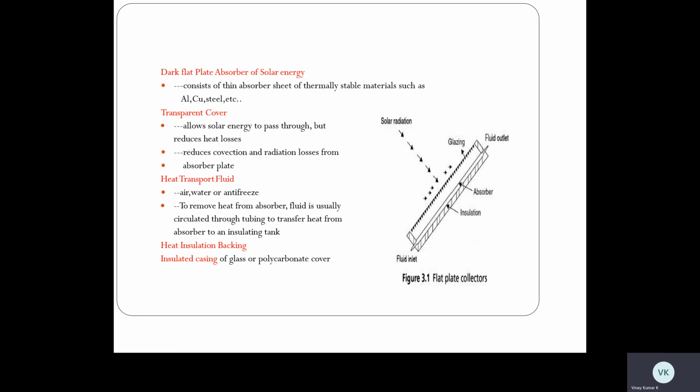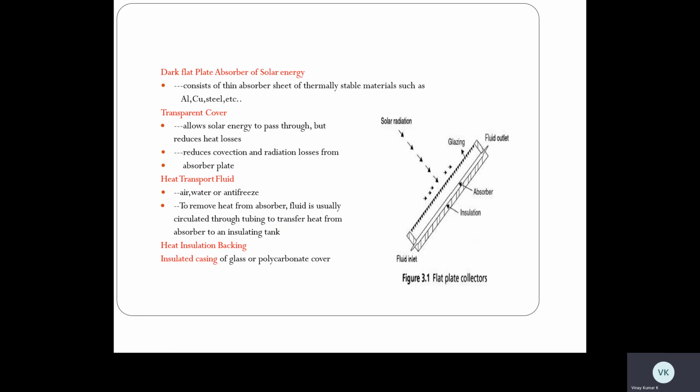Aluminum, steel, copper have the characteristics of absorbing thermal content. The metal is a good heat conductor. Aluminum, copper, steels are good heat conductors. So for that purpose, a thin absorber sheet of these is used.